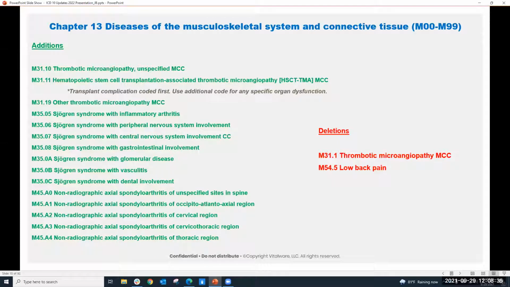The deletions here, the M31.1, this has been expanded to capture unspecified, and the M54.5, which is the low back pain, that has also been expanded to capture the unspecified. On the additions, the last few codes, the non-radiographic axial spondyloarthritis, I just wanted to mention that these were added just to capture the specific regions of the spine.